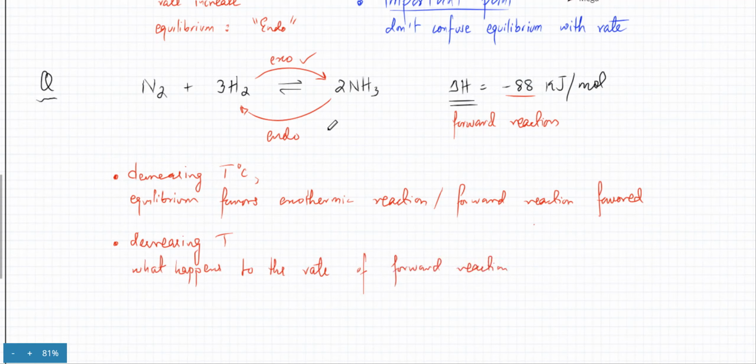When the question is stated like this and he's talking about the rate of the reaction, then ignore equilibrium. Whenever you decrease temperature, molecules become less energetic and the rate of the reaction decreases. It decreases irrespective of whether it's the forward reaction or the backward reaction. Every reaction, the rate would decrease. So you're going to state that the rate decreases.